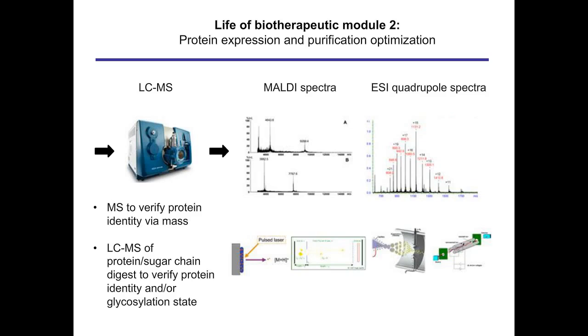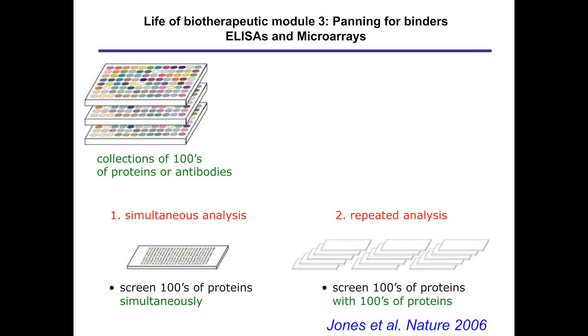And in an automated way, the instruments will read out the spectra and compare them to spectra in a database in order to confirm the identity of the peptides that you are working with, or glycosylation patterns as well.